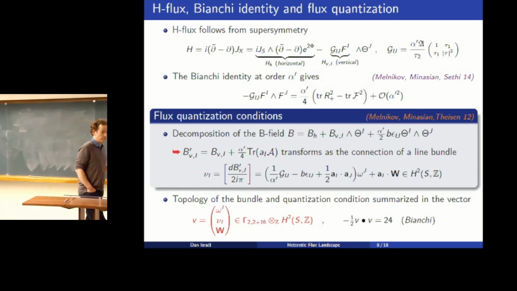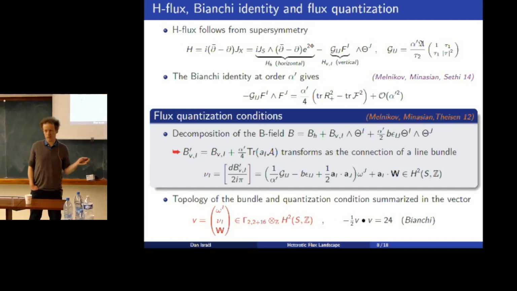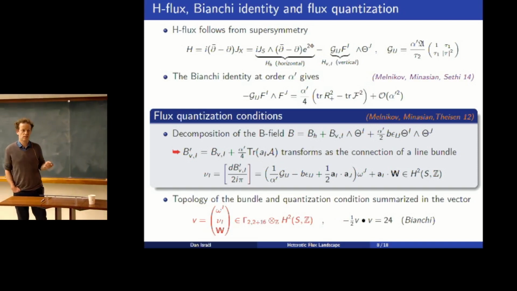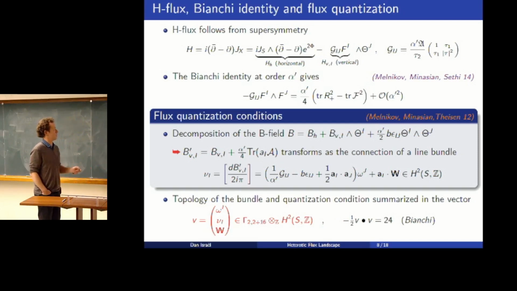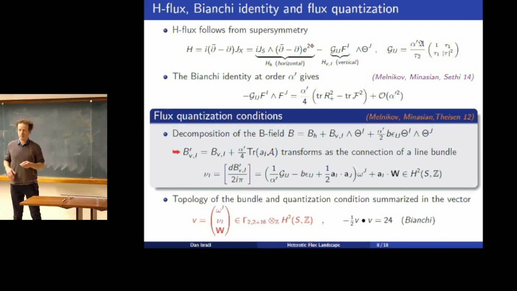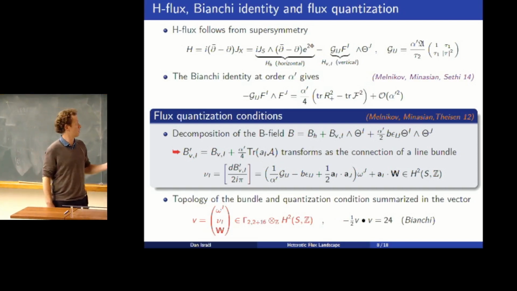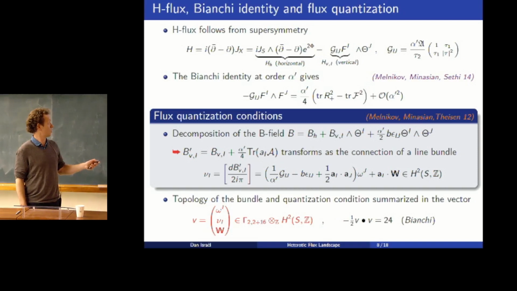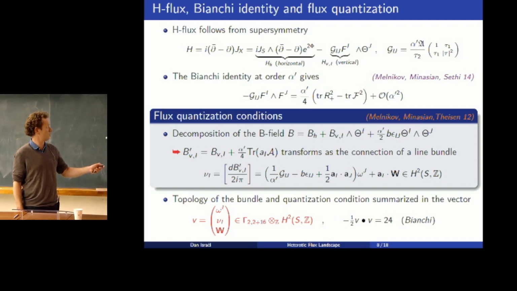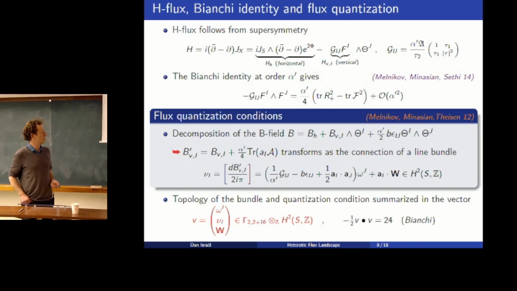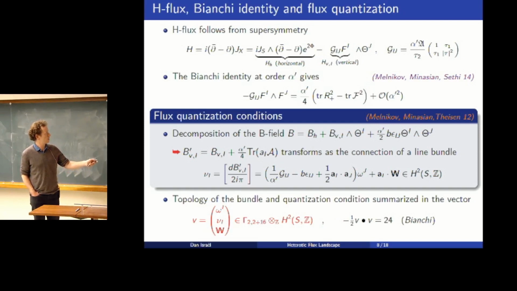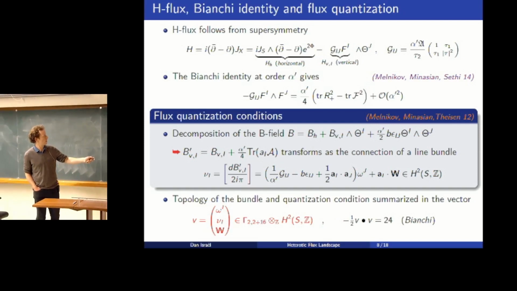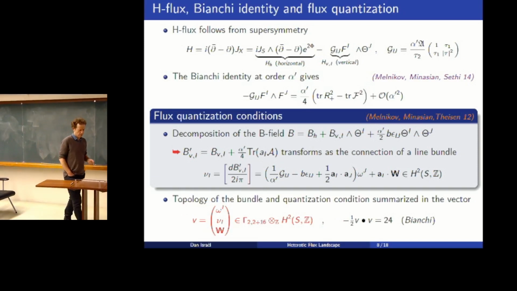So because you have flux, you may ask whether there are quantization conditions, and here it's a bit subtle because H is not closed, and this is very important for the following. So this is something that has been obtained again by those gentlemen that I mentioned already: if you take the B field and you expand it again in a part with no legs on the fiber, one vertical with one leg, and a part which is just a constant B field on the torus, you can take this part and refine it by shifting by this term, which again A should be thought of as a kind of Wilson line.